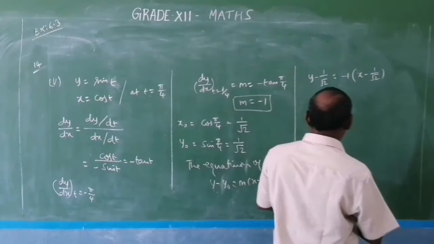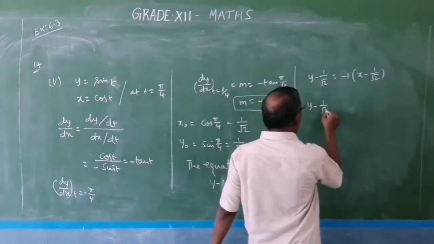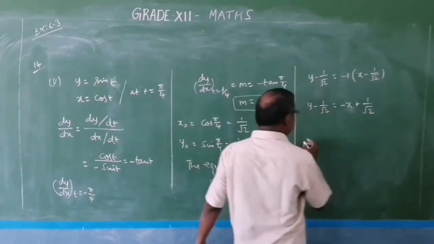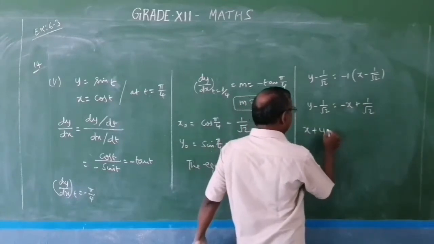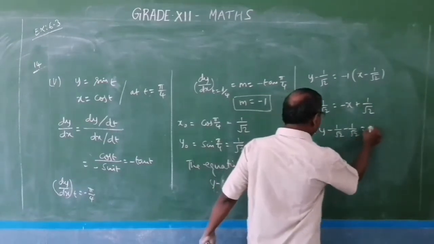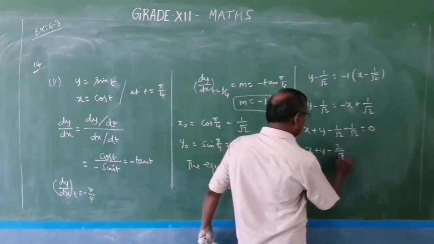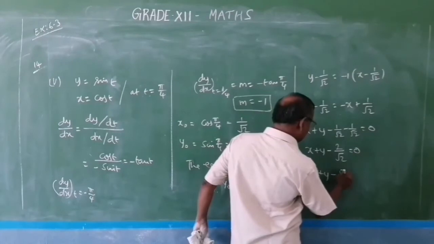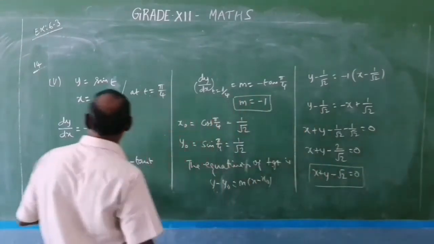That is y minus 1 by root 2 equal to minus x plus 1 by root 2. So bringing everything here, minus x becomes plus x, so x plus y minus 1 by root 2 minus 1 by root 2 equal to 0. That is x plus y minus 2 by root 2 equal to 0, or x plus y minus root 2 equal to 0. So this is the equation of tangent.